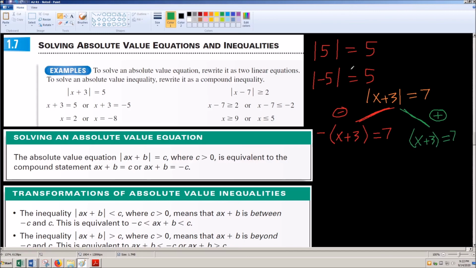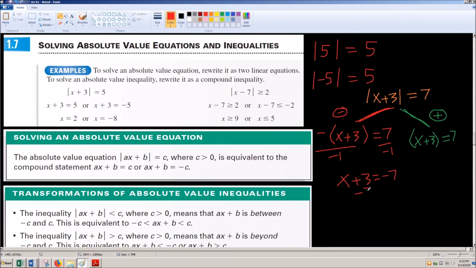I should be getting two solutions here. There are some scenarios where you'll just get one answer because you're looking at the vertex, but in most cases we'll have two solutions. For the first one, I can either distribute my negative sign or divide by -1. I'm going to divide by -1, or you can multiply by -1. It's the same thing. Now I get x plus 3 equal to -7.